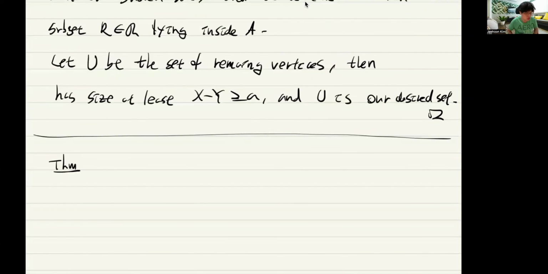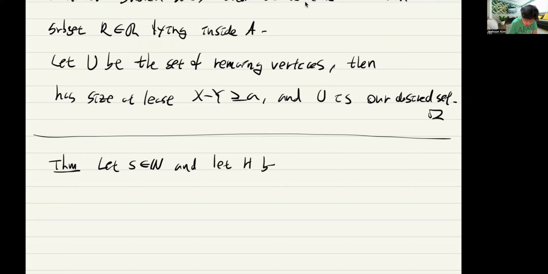Before, we found the upper bound on the extremal number of the complete bipartite graph, and we can extend that theorem into the following. Let S be a natural number.